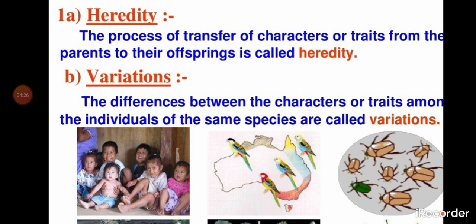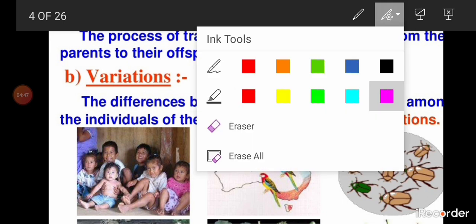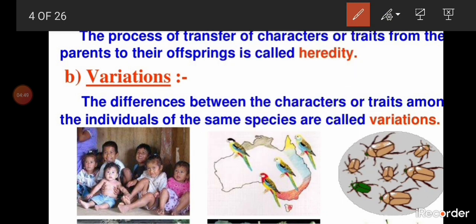So these slight changes in their offspring we can call variations. We'll read the definition. The differences between the characters or traits among the individuals of the same species are called variations.